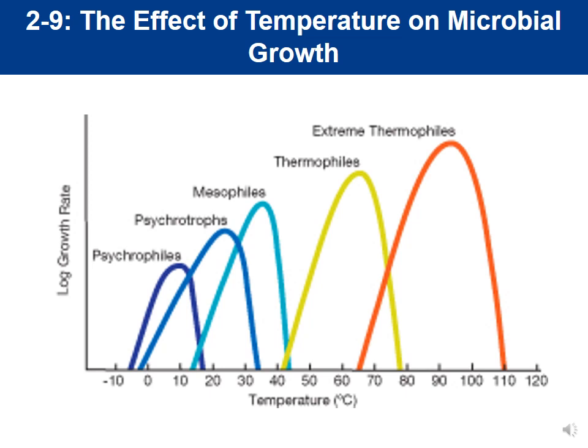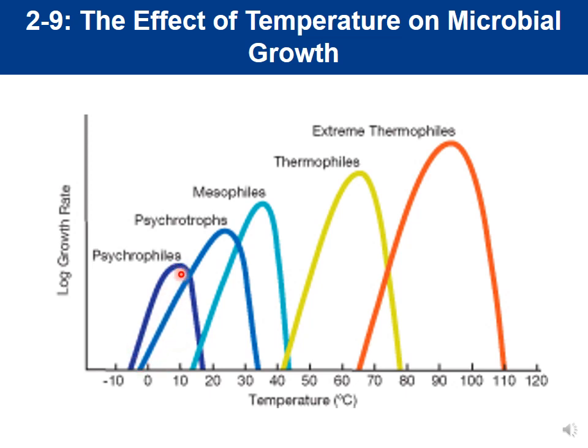In terms of the effect of temperature, what you want to take away from this is that different bacteria have different temperature ranges. You want to know the general range that each of these temperature requirements grows at. For example, psychrophiles can grow below freezing.